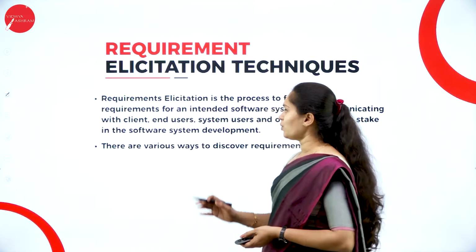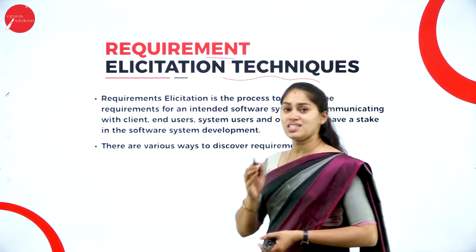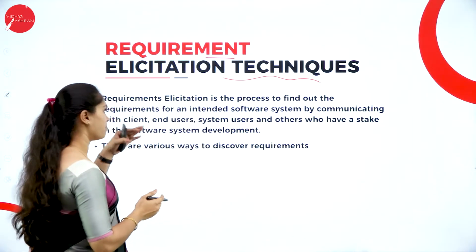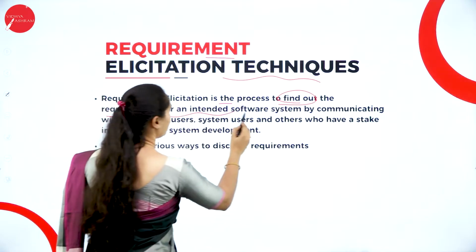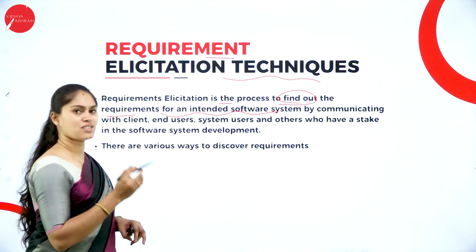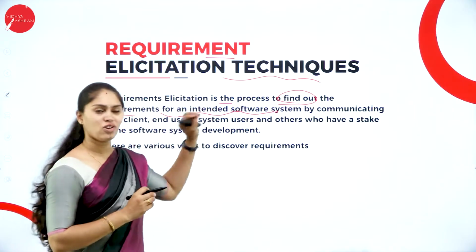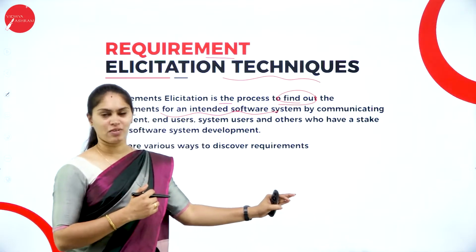So here you can see what requirement elicitation is all about. First, it is necessary to understand what requirement elicitation is. Mainly, it's a process to find out the requirements for an intended software system. Here I have to find out the requirements of a software, project, or product. How can I get to know its requirements?